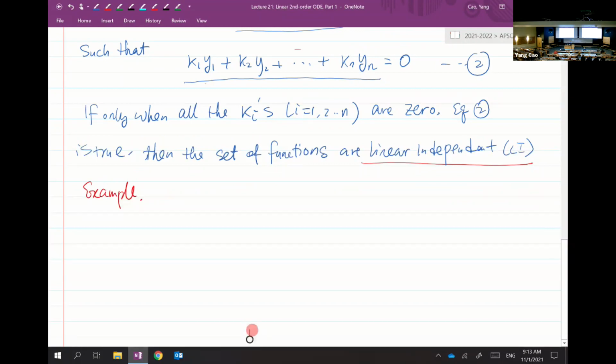independent really means. So let's say I have y1 equal to t squared, y2 equal to 2t squared. So this is very simple. You basically have a set of functions; I only have 2 functions in the set here.